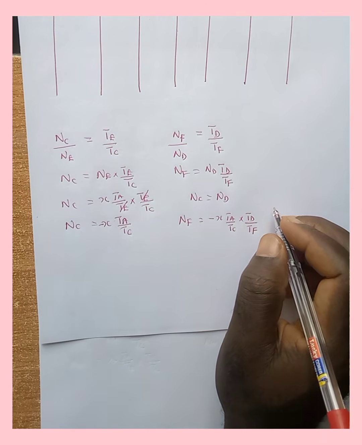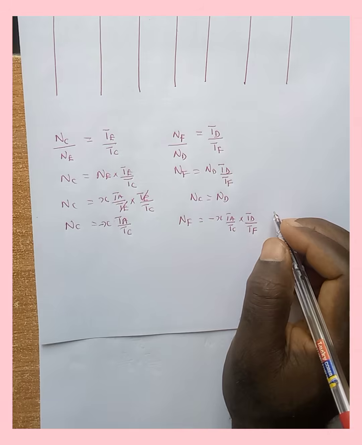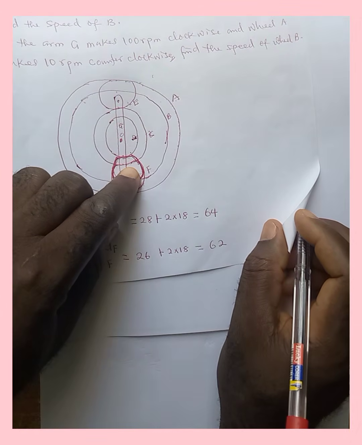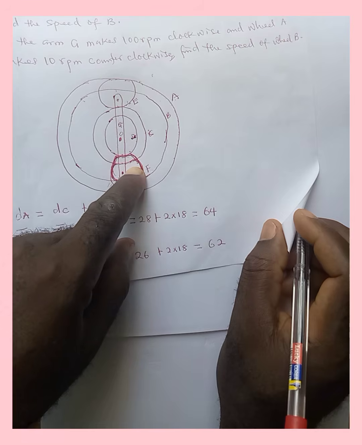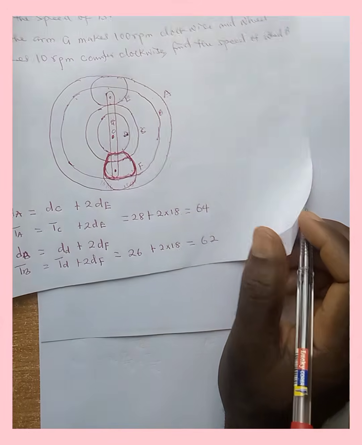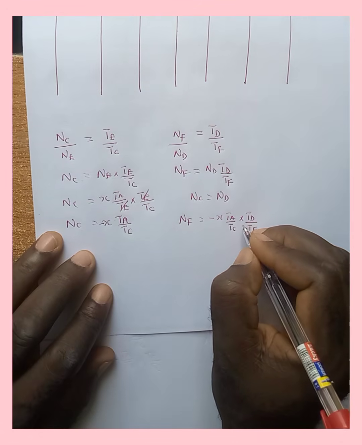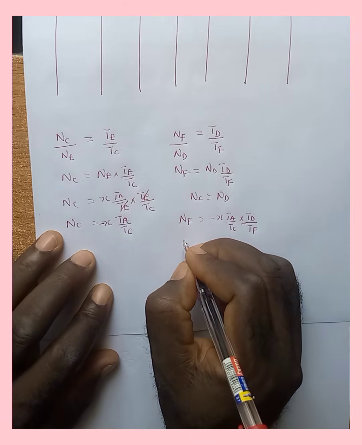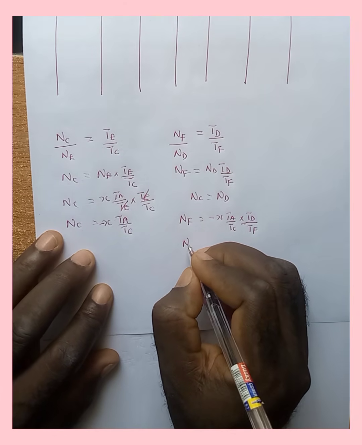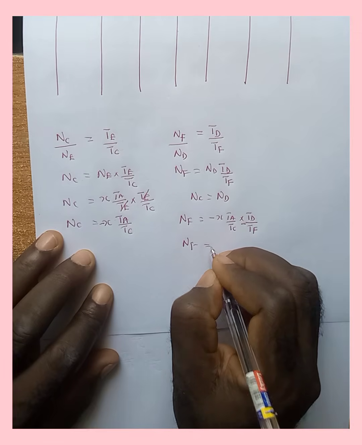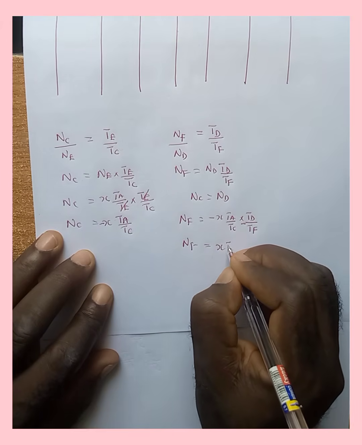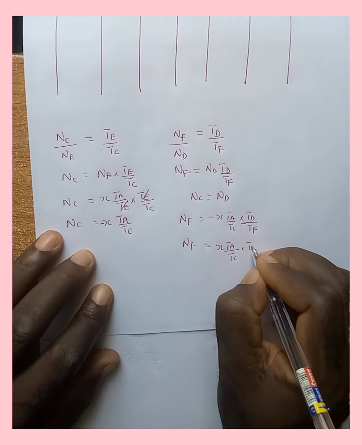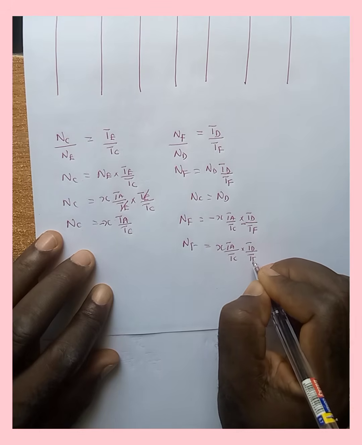But when you look at the two gears, D and F mesh externally. So this one will be moving in the opposite direction to this one. So this one will be negative, and this negative will cancel this. They will now have NF, which is equal to XTA over TC multiplied by TD over TF.